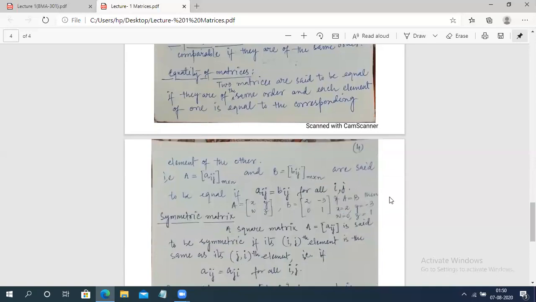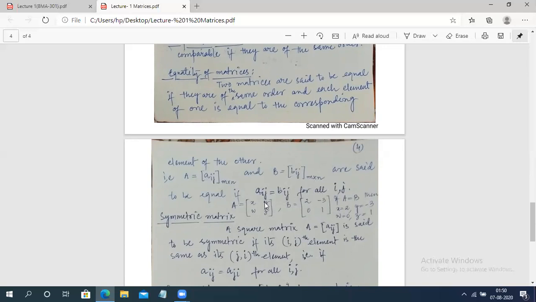For example, if A is a matrix whose elements are A11, A12, A13, and so on, of order m by n, and B is again a matrix whose elements are B11, B12, B13, and so on, of order m by n, then if A and B are two matrices which are equal, it means Aij is equal to Bij for all i and j.